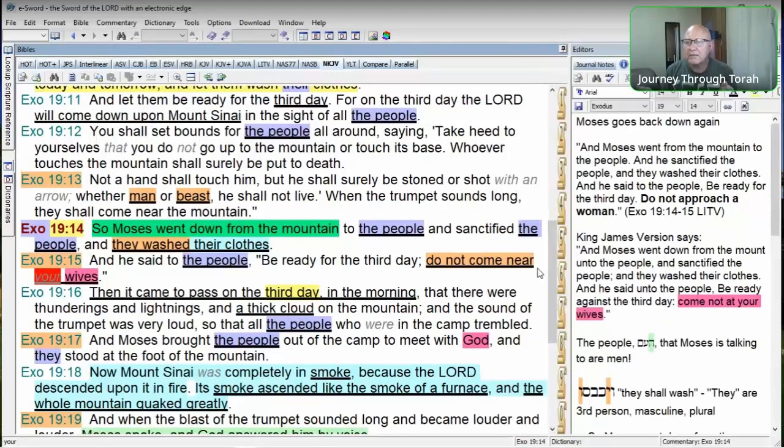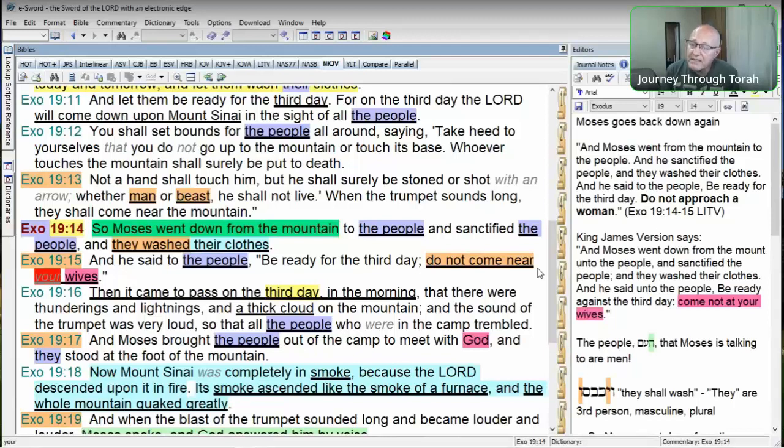This is preparation for Israel's seed to go to the mountain. Why would we not come near a woman? Because we don't know if that woman is in her menses. She would be unclean. And if we were to touch that woman, we wouldn't get to go up to the mountain and hear what Yehovah has to say.